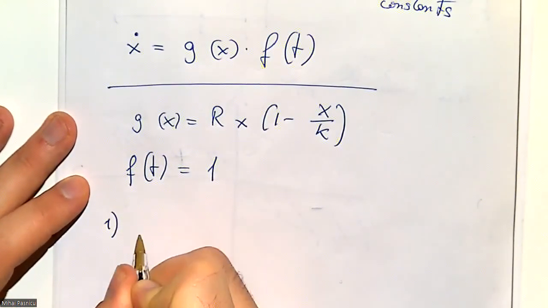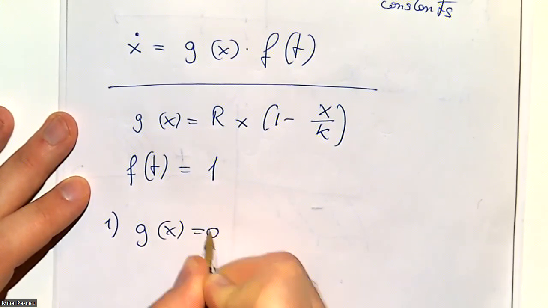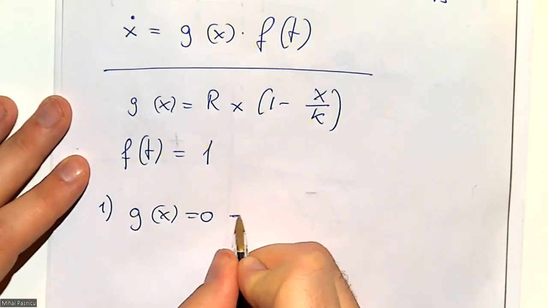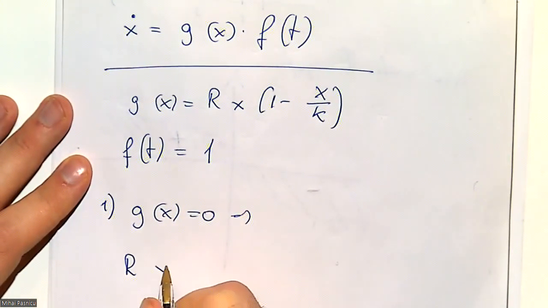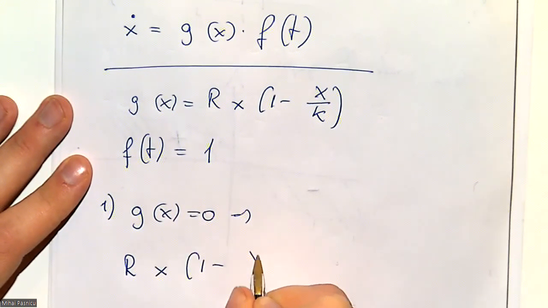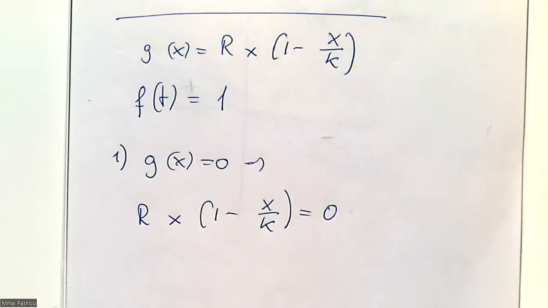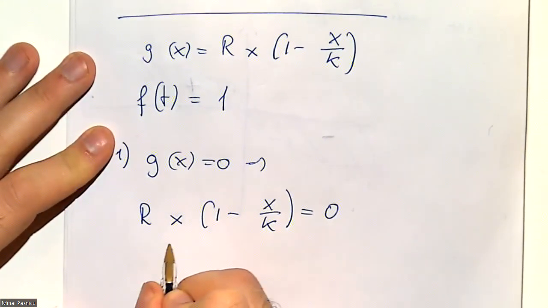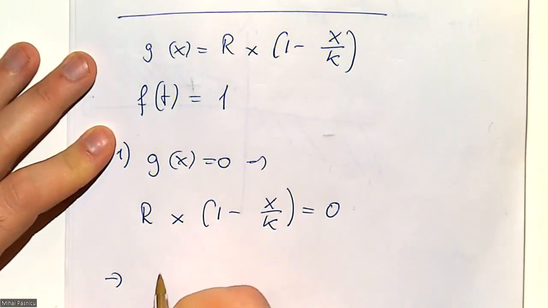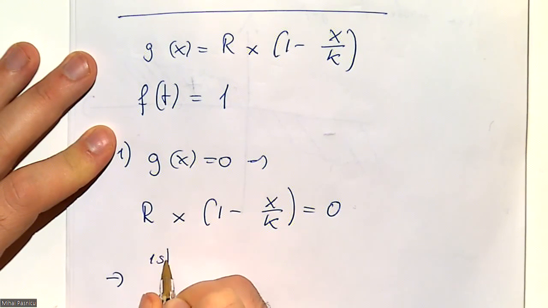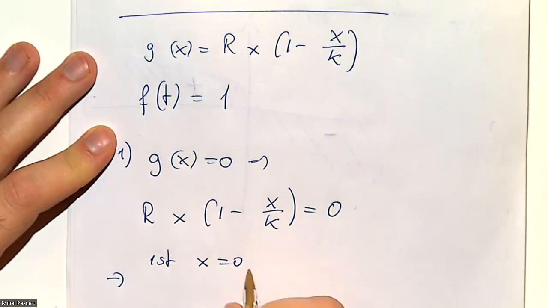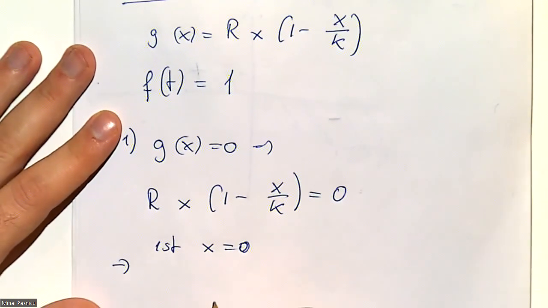Okay, first step. Check g of x is equal to 0. Constant solution. Okay? In this case, I have r x times 1 minus x over k is equal to 0. In this case, I can see 2 solutions. First is x is equal to 0. That works just fine.